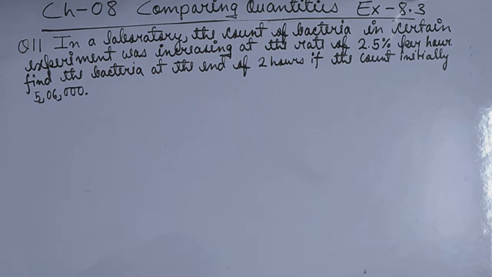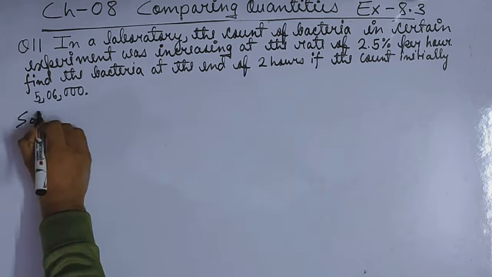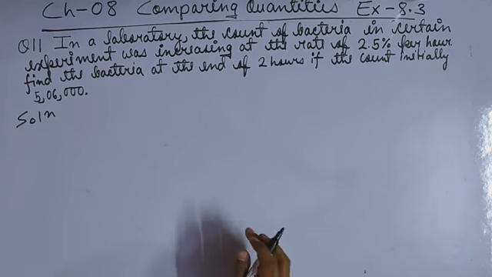So in this question we have been given the rate of increment of bacteria, that is 2.5, or we can say the growth rate given to you is 2.5%, and the number of bacteria in the initial stage is given to you, that is 5,06,000, and we have been asked the count of bacteria after 2 hours. So what is given to us? First of all we will write it down in the form of principal, rate and time.